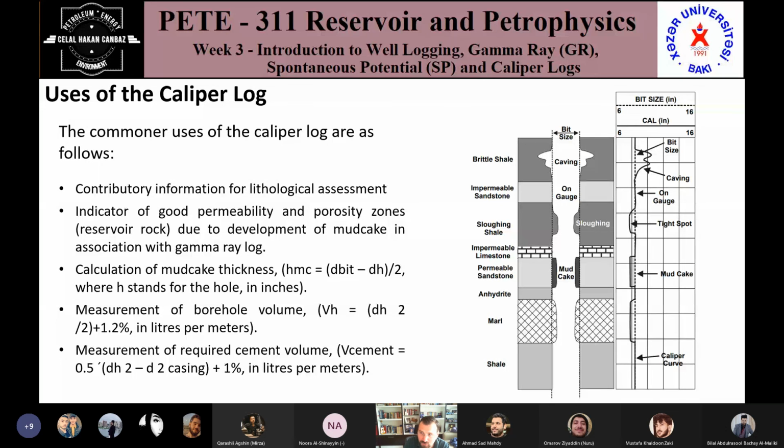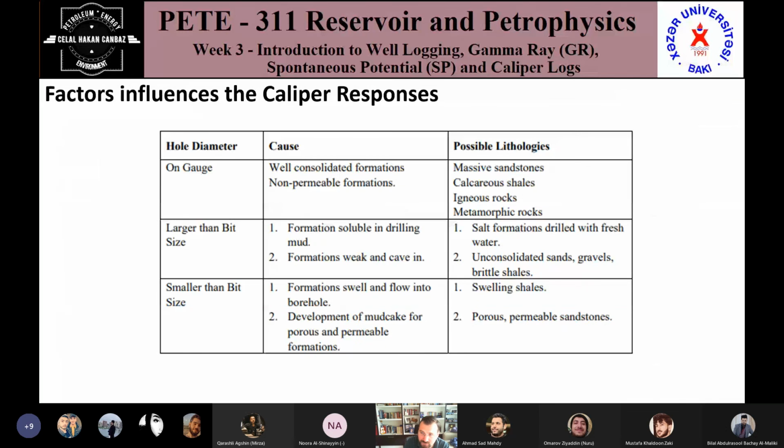So there are some factors which influence the response of the caliper actually. For example, your hole diameter, okay, on gauge. If it is well consolidated formations and non-permeable formations, the possible lithologies that you will get are massive sandstones, calcareous shales, igneous rocks, and metamorphic rocks.